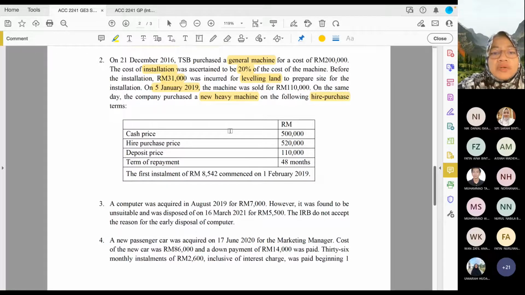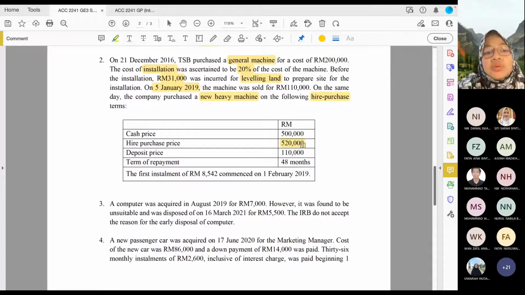Yeah, so in this case, you have a cash price and hire purchase price. The difference between cash price and hire purchase price is that there's an interest portion in the hire purchase price. Remember that for capex, it's only the capital portion that is included. The interest will be claimed as a deductible expenditure.